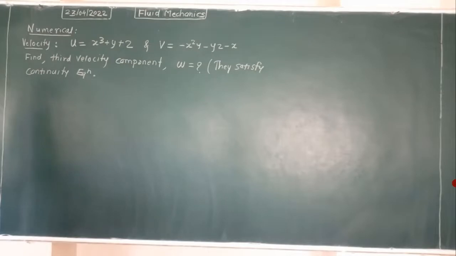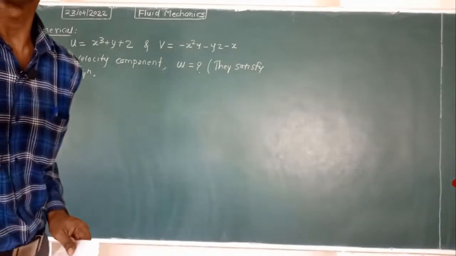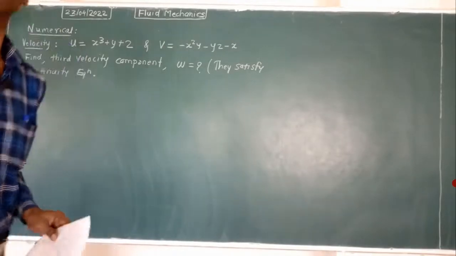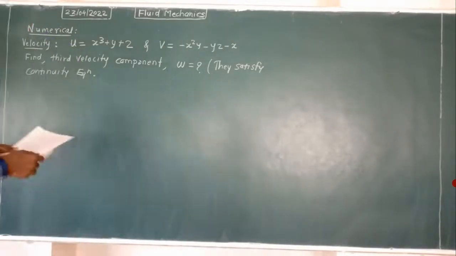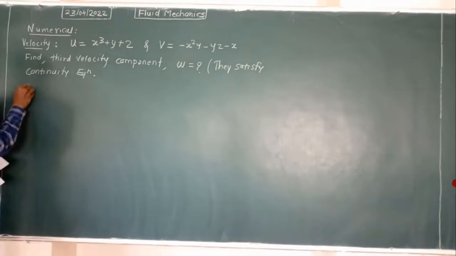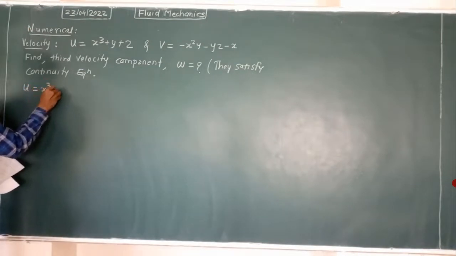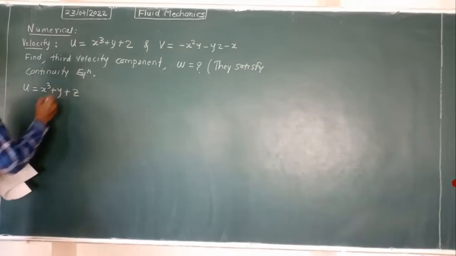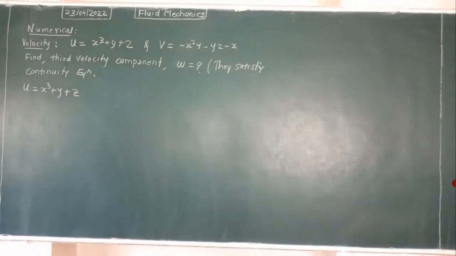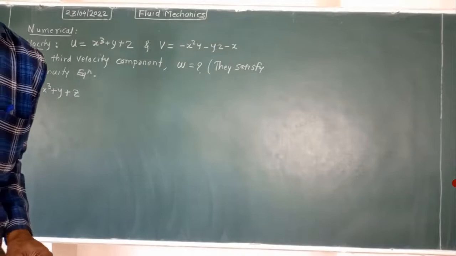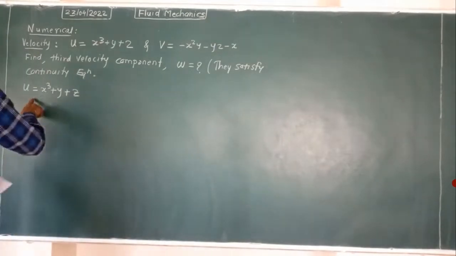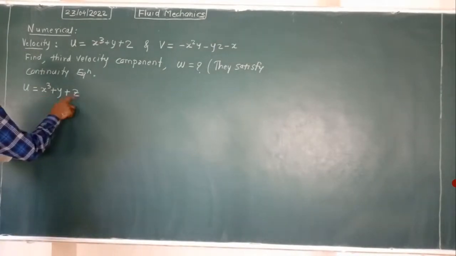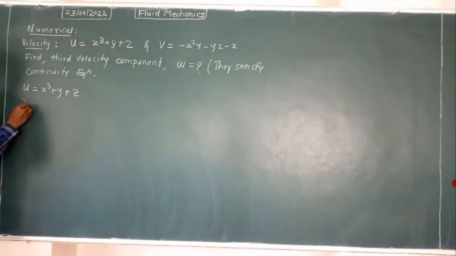So first of all we will find the following. u is equal to x cube plus y plus z. Partial differentiation of this u with respect to x, that is, dou u by dou x.